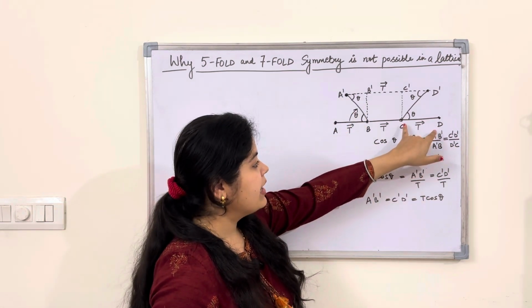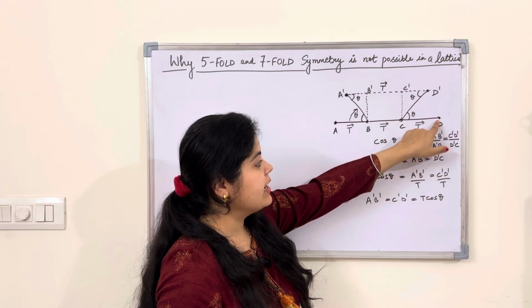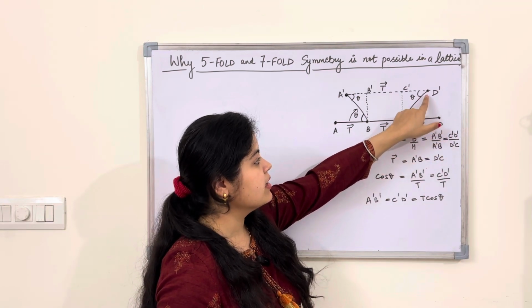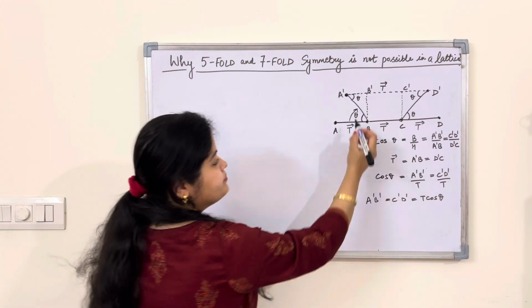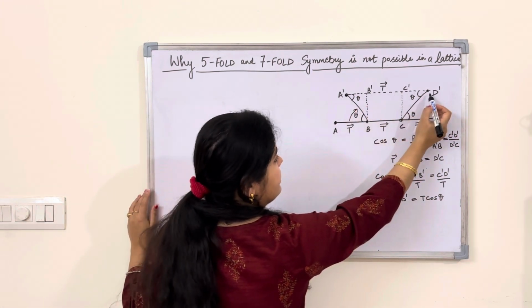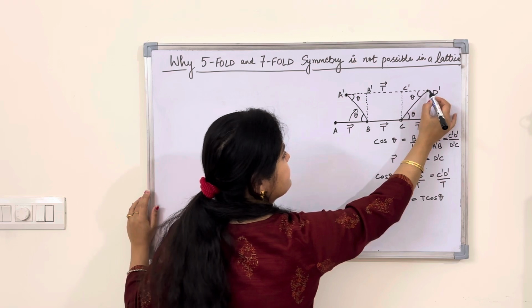Similarly, I apply a rotational operation at the lattice point D and this becomes D prime. So I join A prime and D prime. So these are my new lattice points.